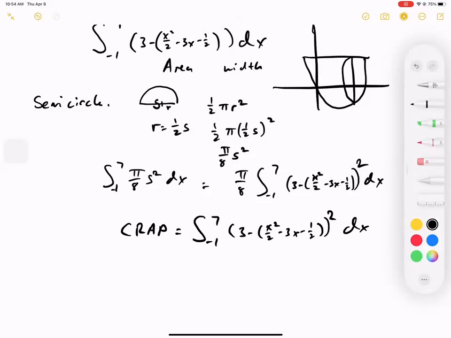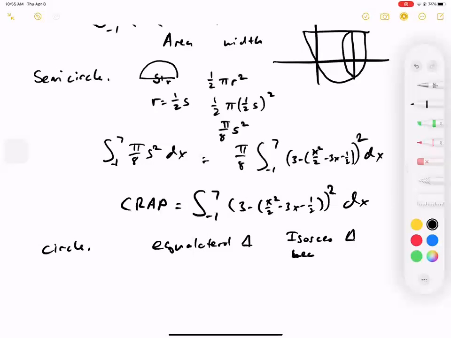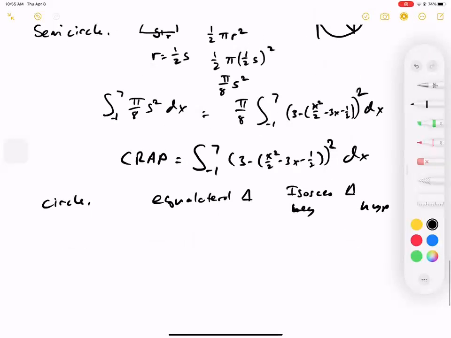So if I want to do an equilateral triangle, or an isosceles triangle with leg or hypotenuse, I'm going to do all these equations with crap.